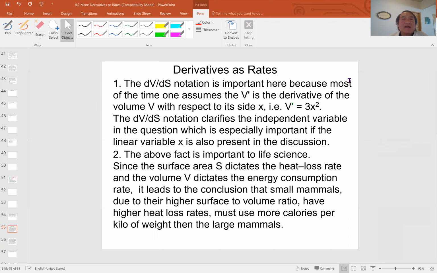This in life science has an interesting consequence, that is for large animals versus a small animal. For the small animal, the volume versus the surface is a very small number. Okay, you need a lot of surface area to enclose a little bit of volume, in terms of ratios, against a large-bodied animal.